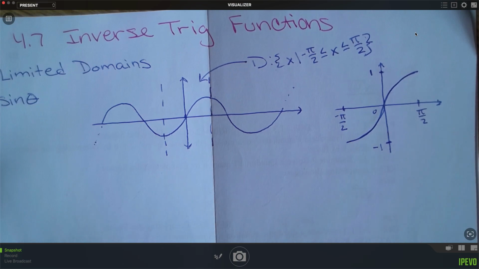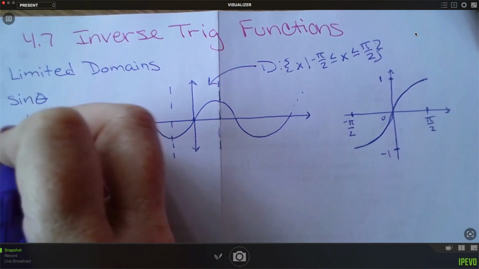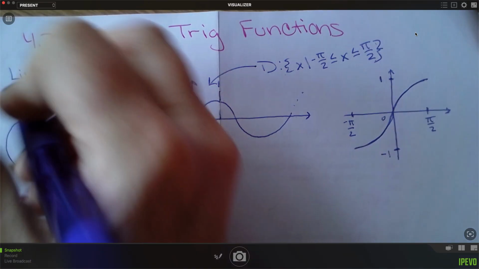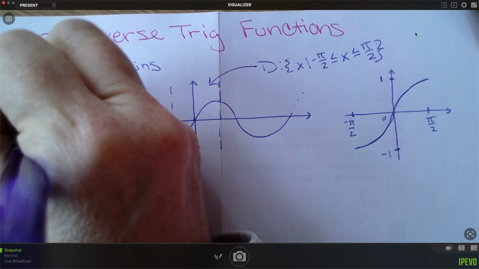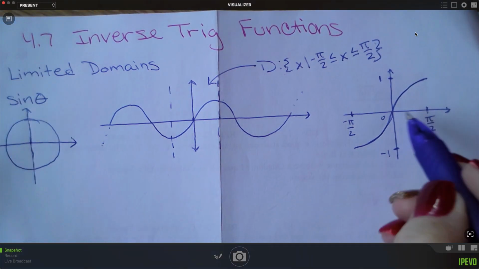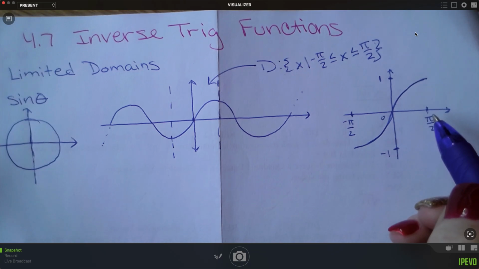What quadrants are those? Okay, so if I make a circle over here, we need to think about this. What quadrants did I limit it to? From 0 to pi/2, what quadrant's that? Quadrant 1, right?